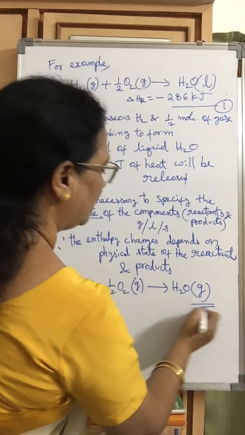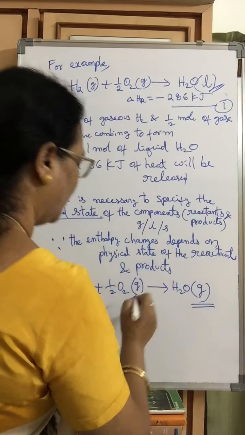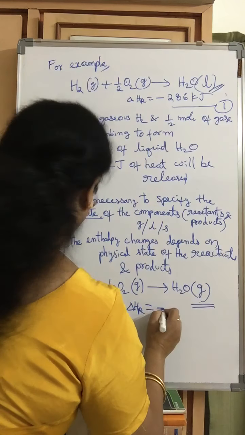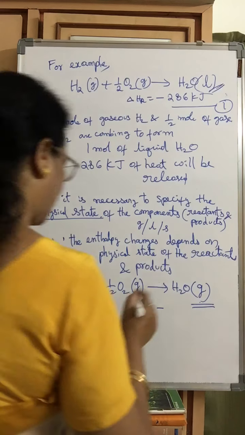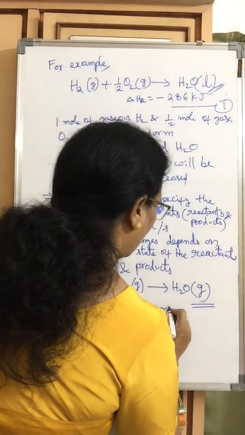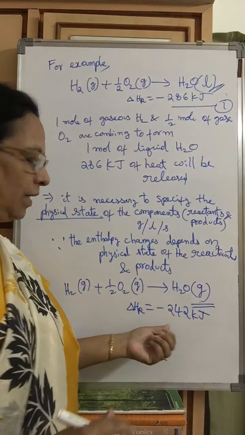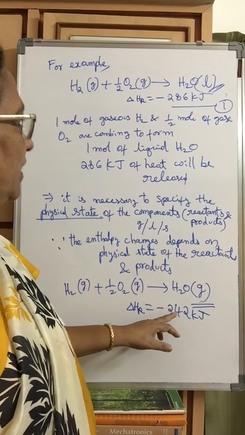Here it is liquid, here gaseous. Then delta HR is equal to minus 242 kilojoules. So I think you got the difference between this and this.